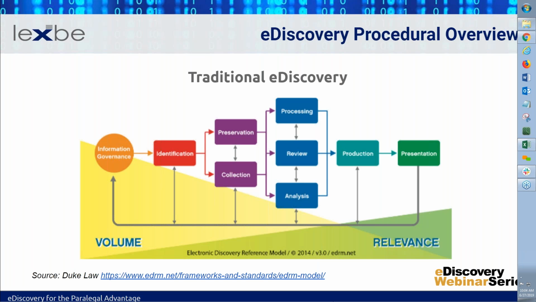So I won't spend too much time on this, but you'll see that we're looking at the different phases of the general case. In any particular case, these steps could loop back on themselves, and I'll discuss that in a second, but it always begins with information governance. That is really applicable for in-house counsel, but it still affects those counsel who aren't necessarily going to be the very first ones contacted by the party.